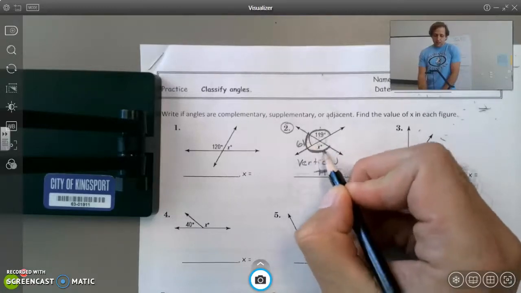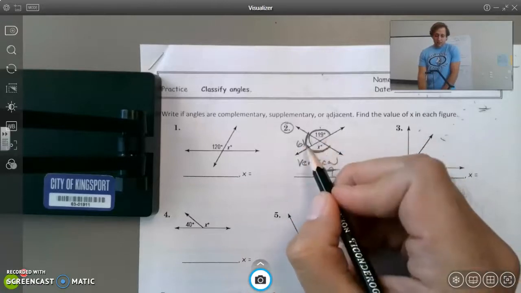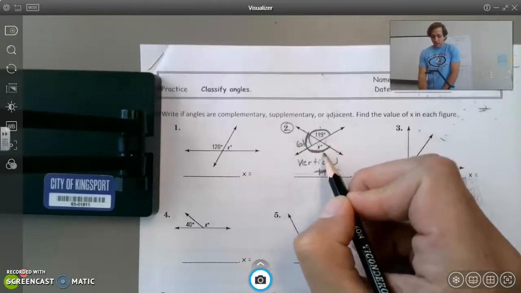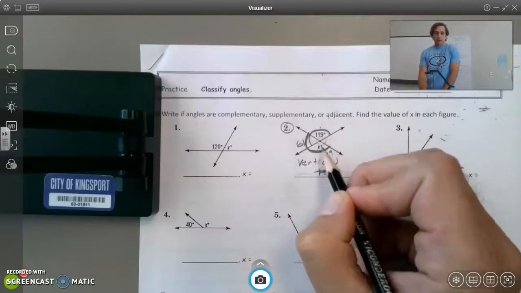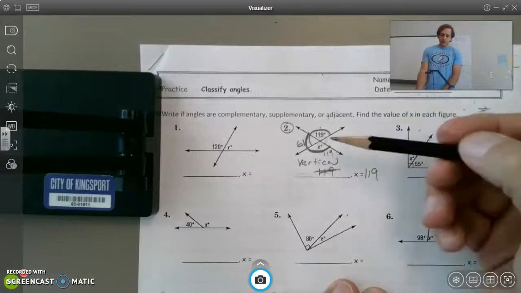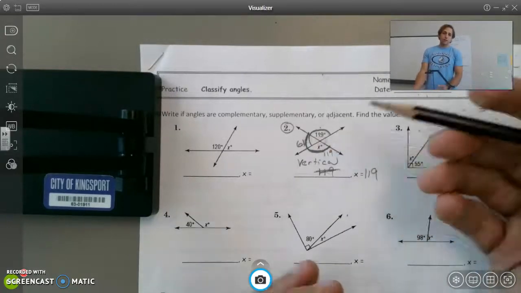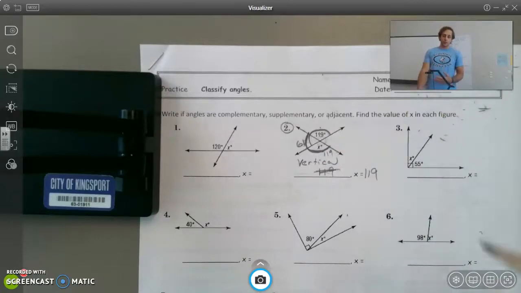So 119 plus 61 is 180. Well, 61 would have to be added to 119 to create a 180 degree angle on this side. So these two angles have to be the same because they both share this angle and they both create a supplementary angle pair with that angle. So they have to have the same exact angle measure.